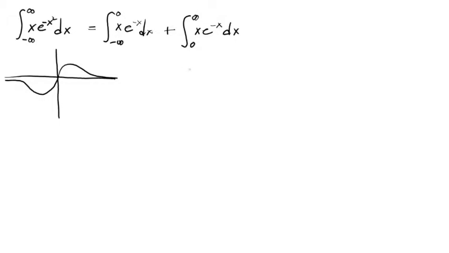Alright, so I can do a couple of things to speed along my process here. I could, if I wanted to, just find the antiderivative of x e to the negative x squared.